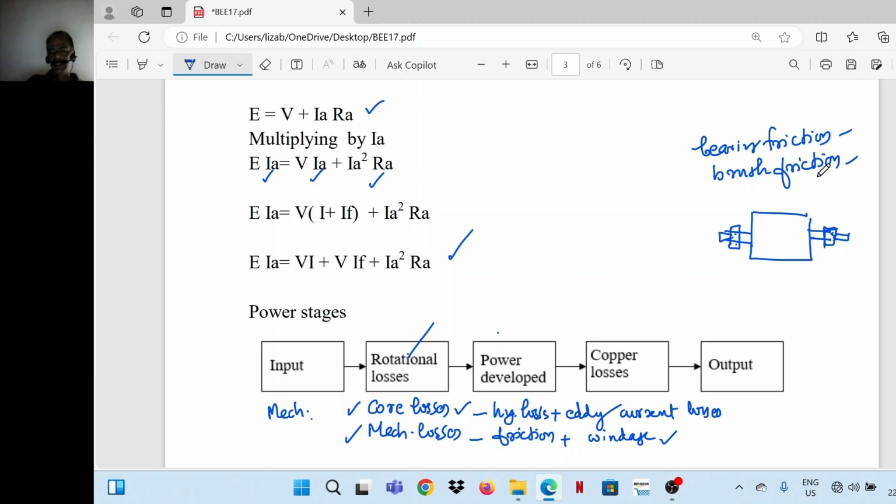Brush friction means the brushes are in firm contact with the commutator. With the springs, a certain amount of force is exerted on the brushes so that the contact is firm. So the losses happening there, that is brush friction loss.